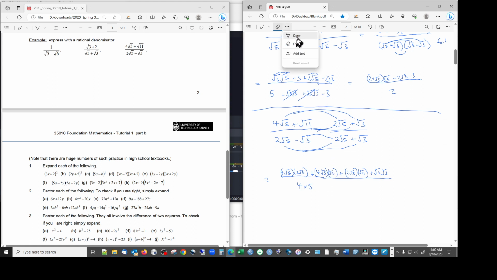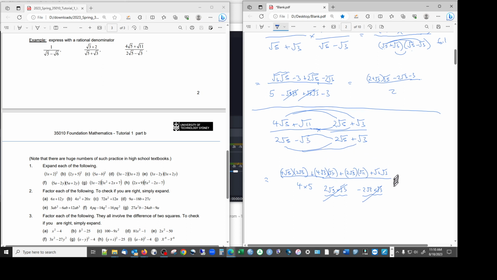Just getting back to, that's why I did this as a separate video. 2 root 5 times root 3 plus 2 root 5 times root 3 as a product, but then we've got minus root 3 times 2 root 5. So this one and this one are plus an apple and minus an apple. Very hard to see in its form.